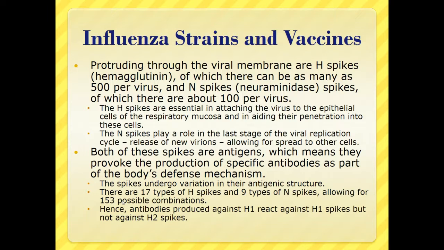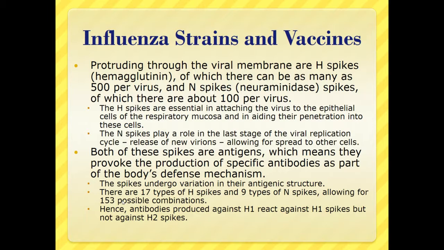And then the N spikes play a role in the release of new viruses. Now you see that can be as many as 500 H spikes, which allow for attachment, and then about 100 N spikes, which allow it to basically hatch or leave the host cell.